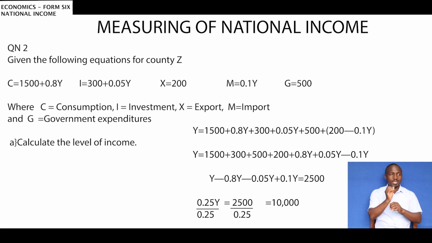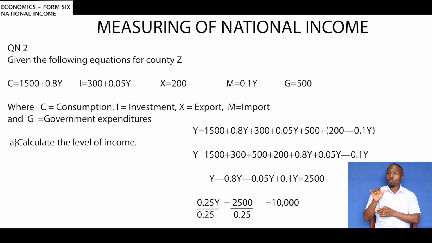We get 0.25y equal to 2,500. Because the question needs to compute the level of income, and the level of income is represented by y, we have to divide by 0.25 on both sides in order to get the value of y.